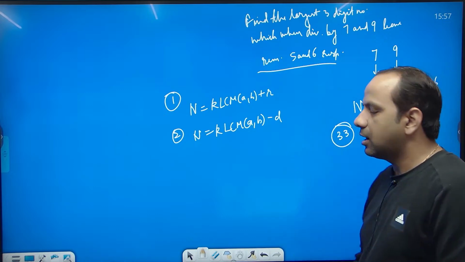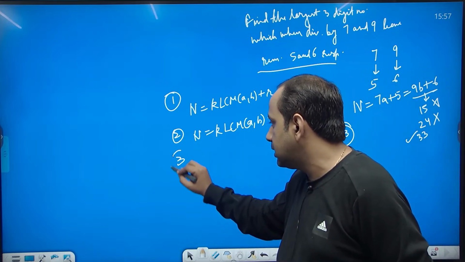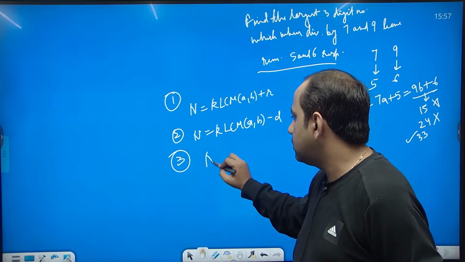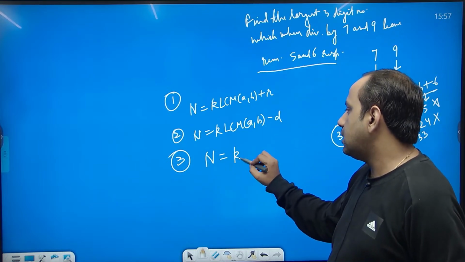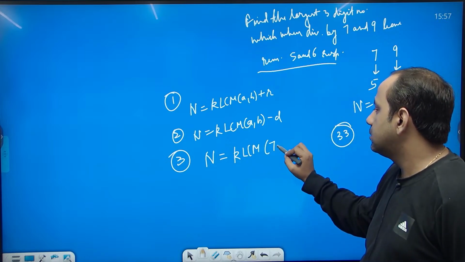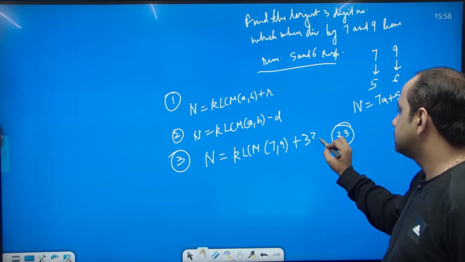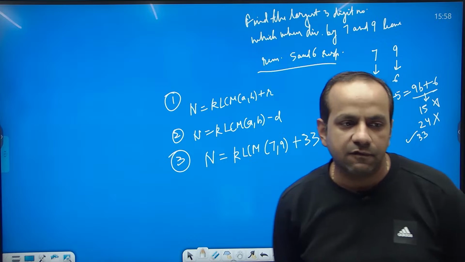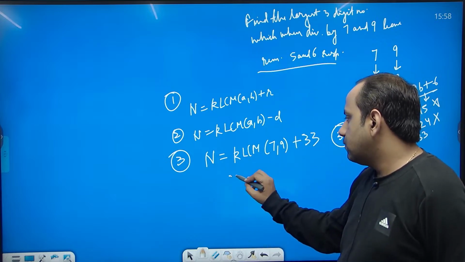But how to calculate the general type? What will be the general value of n? So general value of n will be K into LCM of 7 and 9 plus this first number. ठीक है, फर्स्ट नंबर तो कैलकुलेट करना ही पड़ेगा. प्लस K into LCM of 7 and 9.